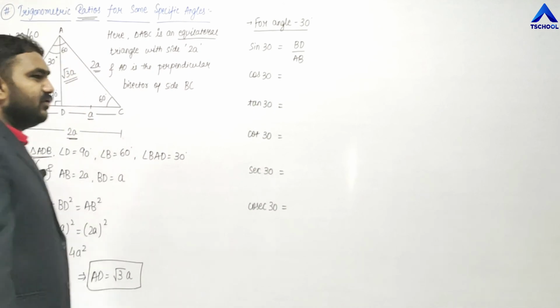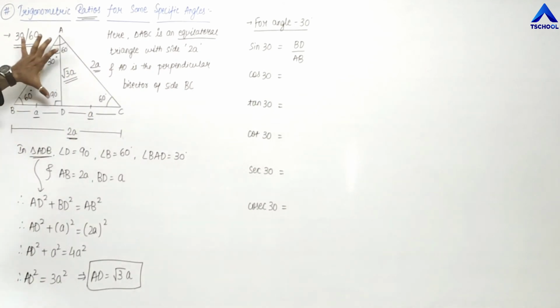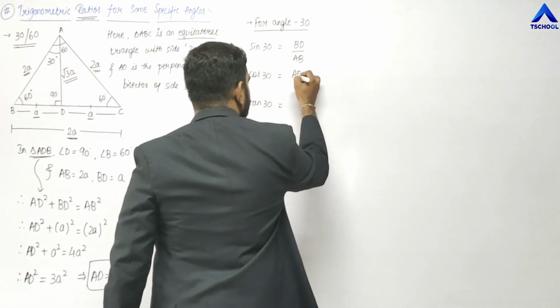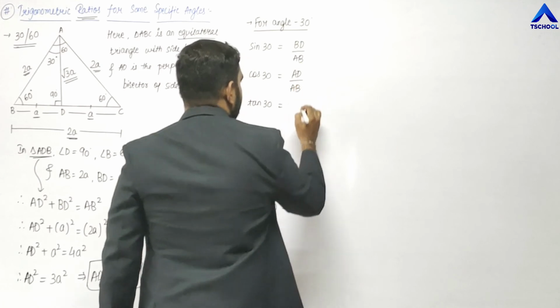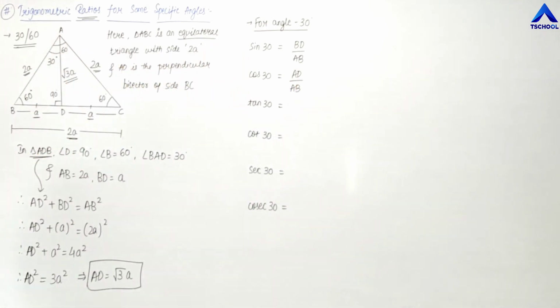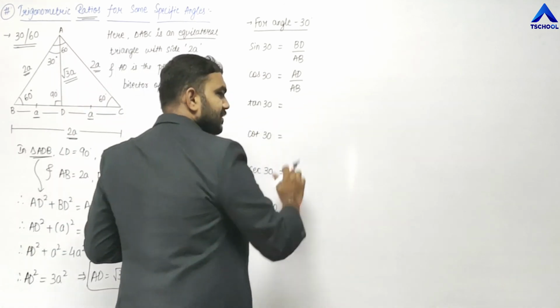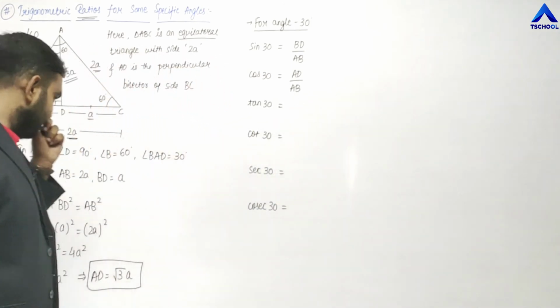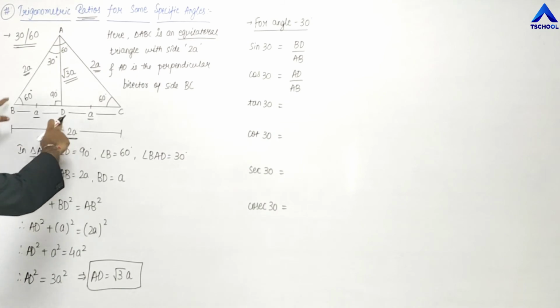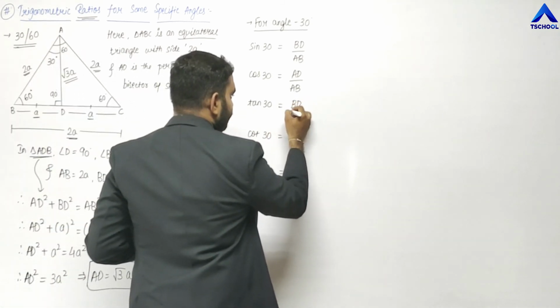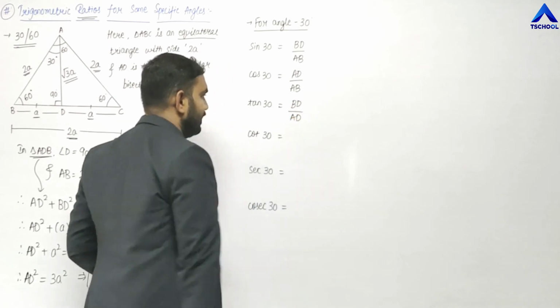Similarly, we can write it for cos 30. Cos 30 is side adjacent divided by hypotenuse, which is AD upon AB. Tan 30, friends, is side opposite divided by side adjacent, which is BD upon AD.